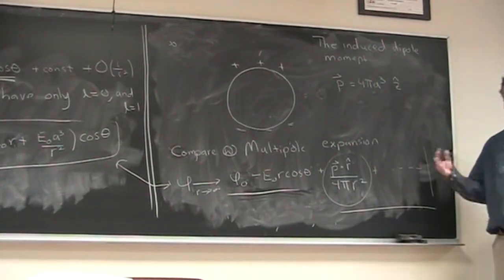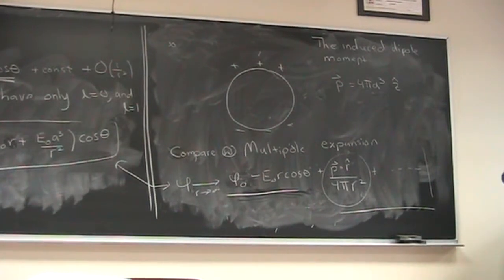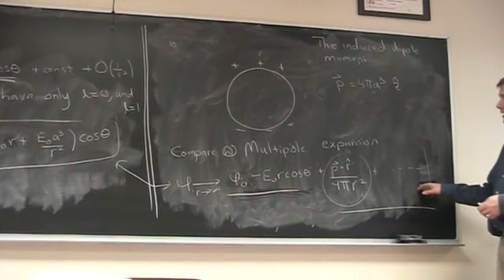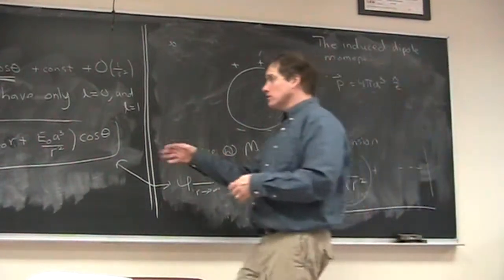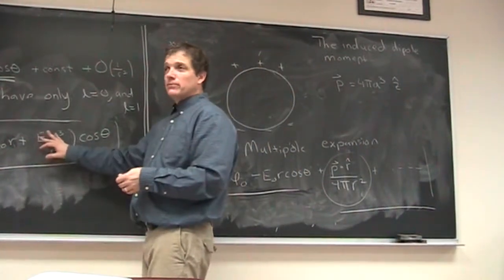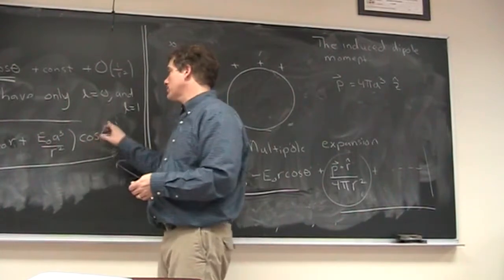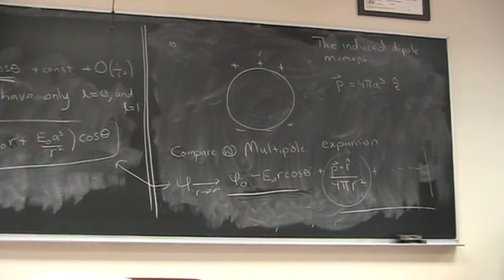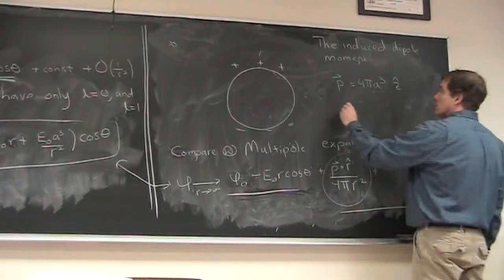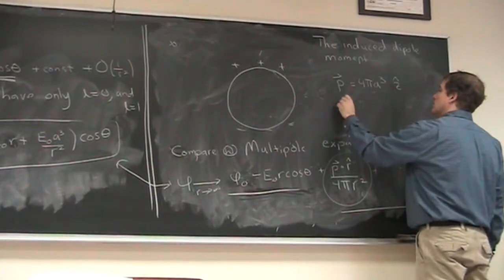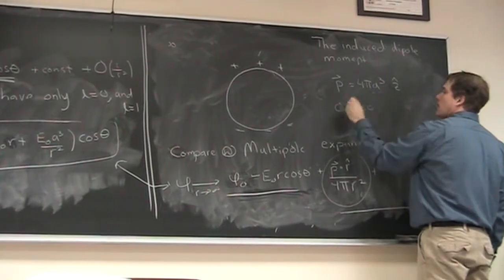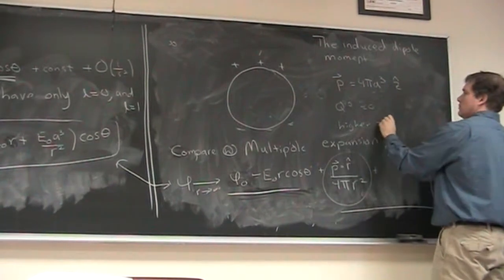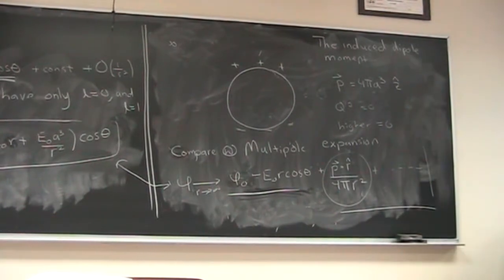The induced field you could always expand in multipoles, like dipole moment, quadrupole moment, and so forth. If I compare this with the solution, we see that the only term that arises is the dipole moment proportional to cosine theta. The quadrupole moment and higher are all 0. So you just induce a dipole moment, that's it.